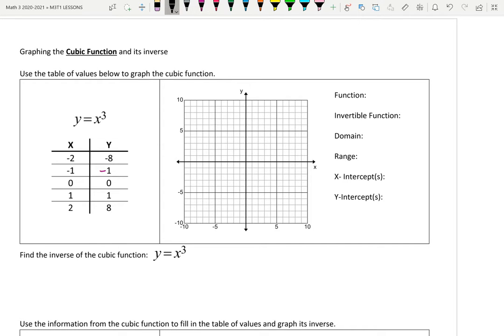So I'm going to graph these guys. -2, -8. Boom. -1, -1. 0, 0, 1, 1, 2, 8.